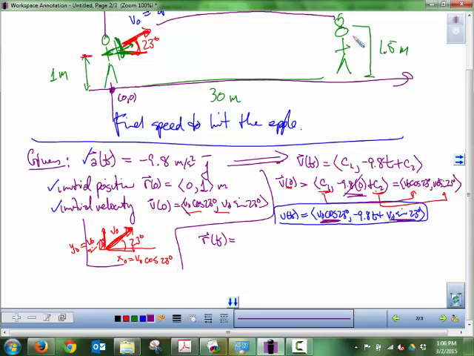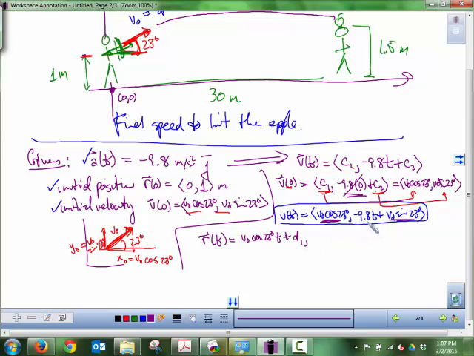Yeah, we need it. So the position is going to be a constant times t, v naught cosine 23 degrees times t, plus another constant. I would call it c1, but I already used the constant c1, so I'll call it d1.